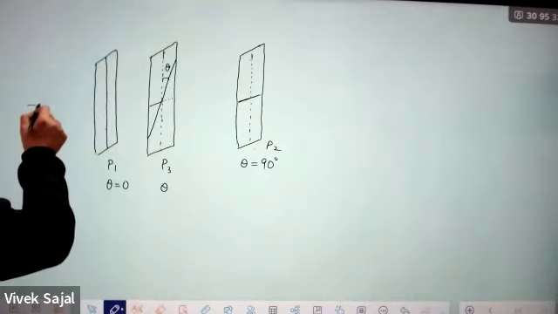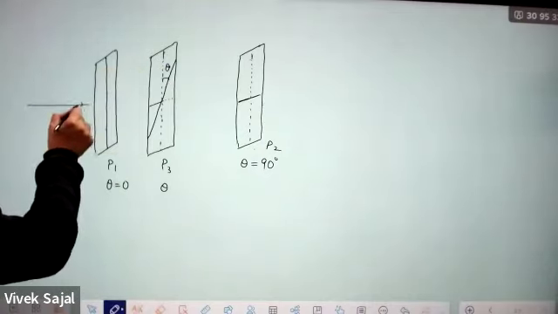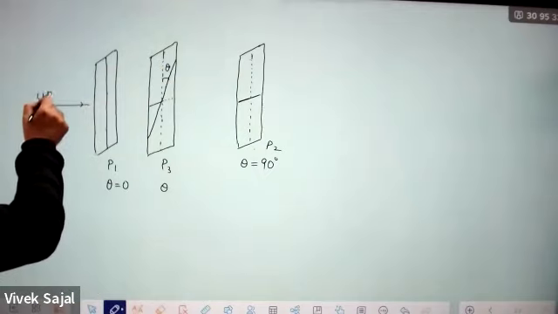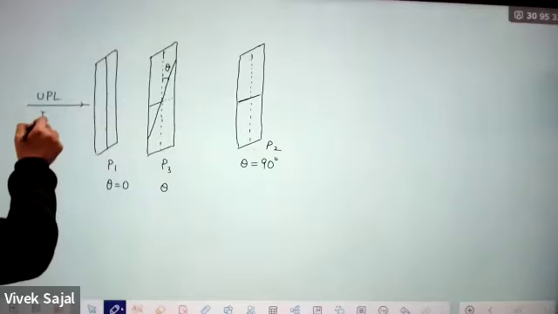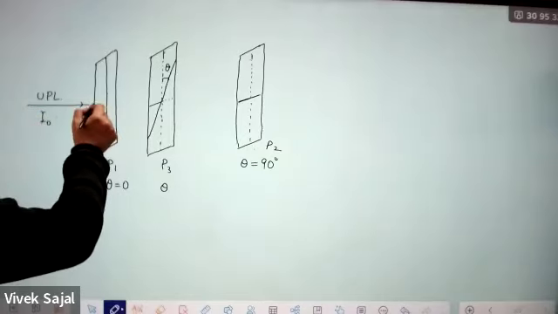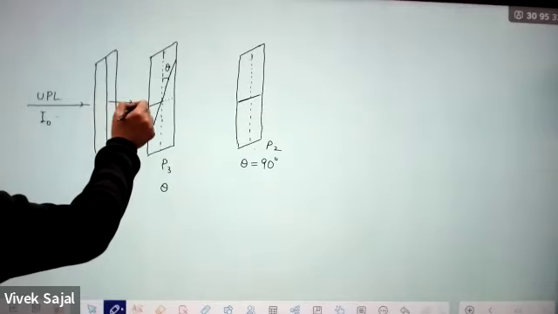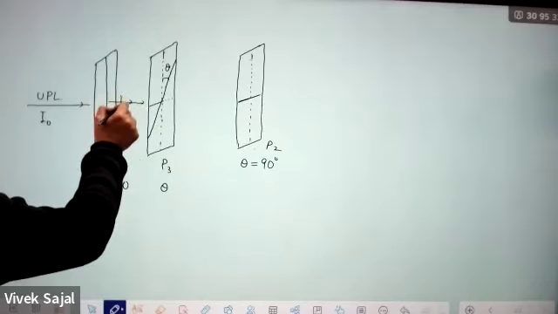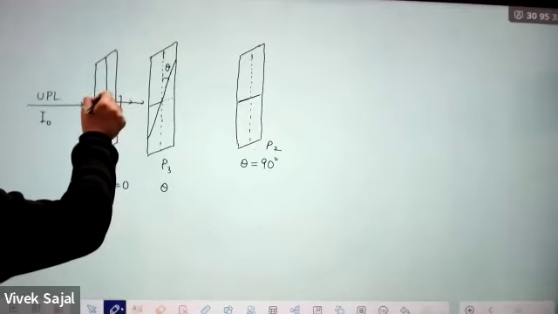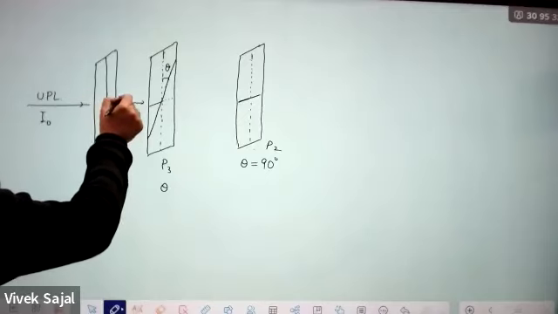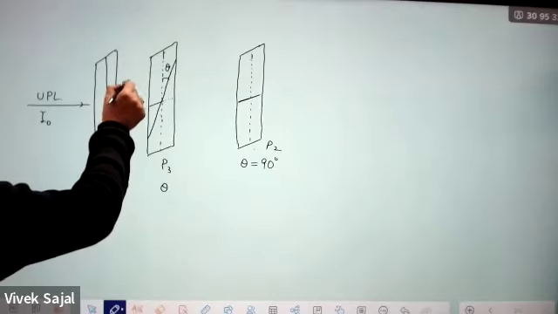Now unpolarized light is incident from this side, whose intensity is I naught. When it emerges from here, the intensity will be I naught by 2, and this will be plane polarized light with electric vectors parallel to the pass axis.